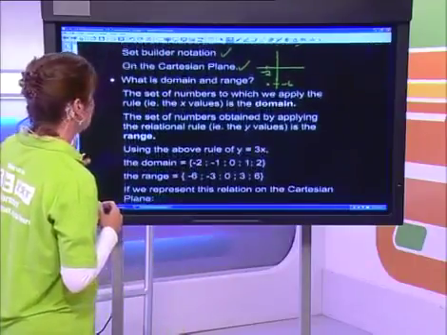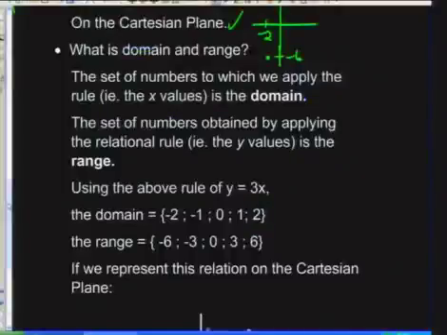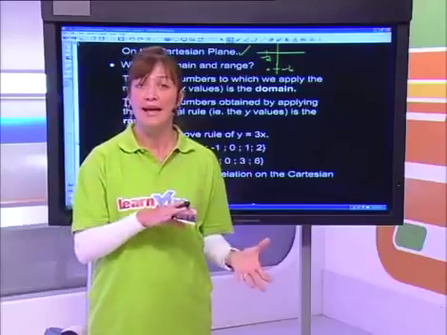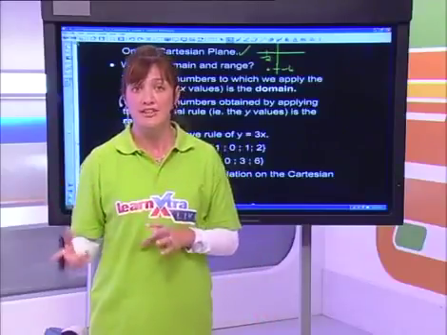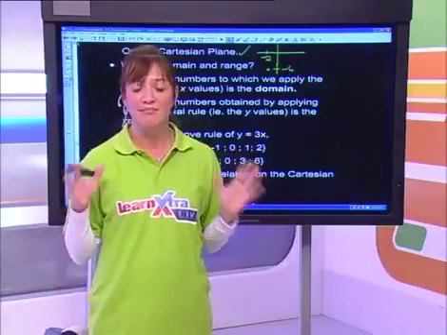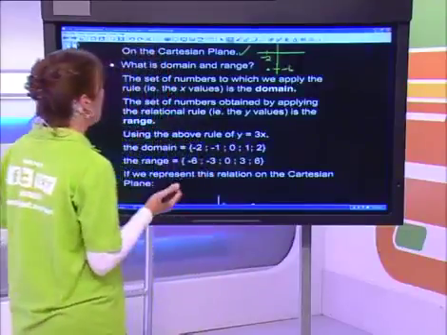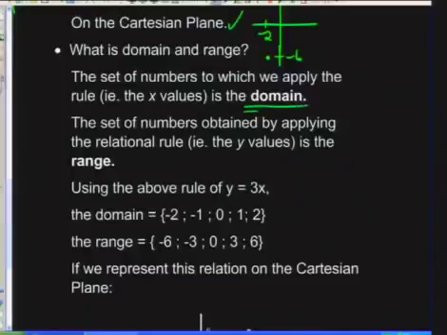Then we talk about two different concepts which we hear quite often when we're dealing with functions and relations. Just to make sure that you understand these, we talk about domain and we talk about range. For those of you who have done functions at school, I'm quite sure you've heard this plenty in class. Basically, domain is all the x values that we span across in our set of numbers.